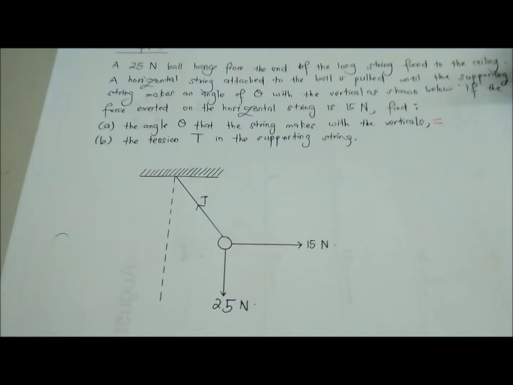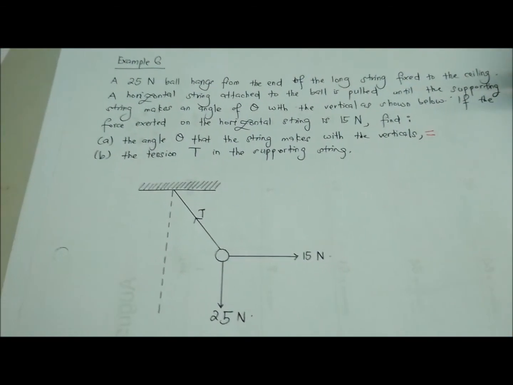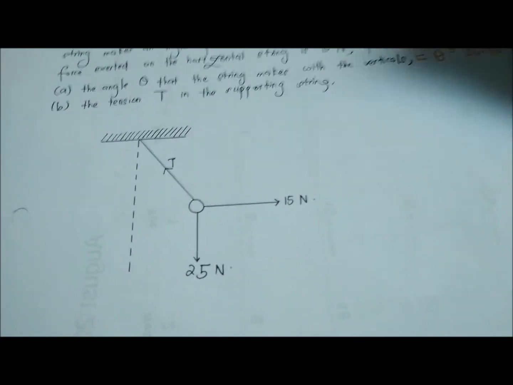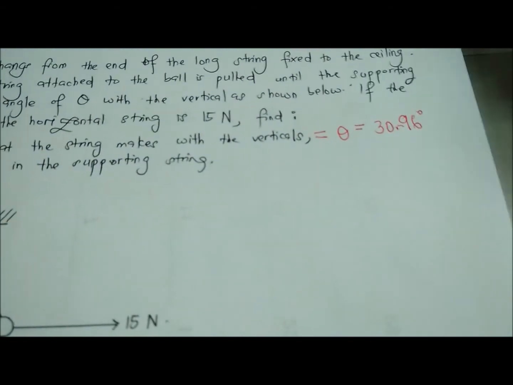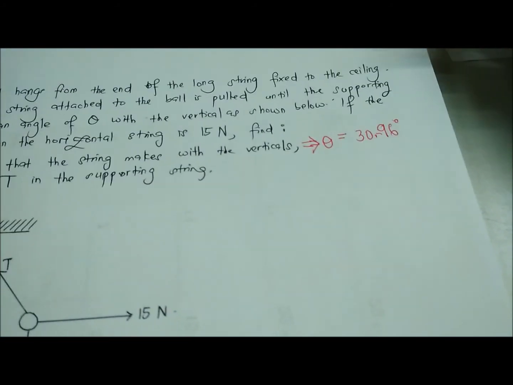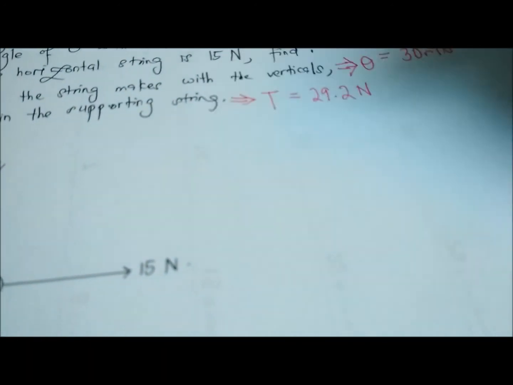For A, the answer is theta is equal to 30.96 degrees. Okay, for A, theta is equal to 30.96 degrees, whereas for B, the tension in the supporting string, T, is equal to 29.2 Newton.